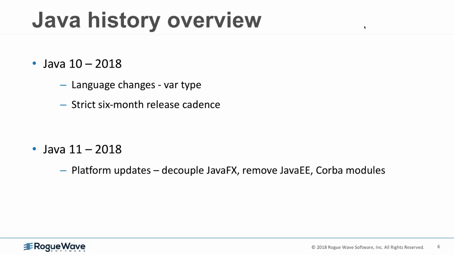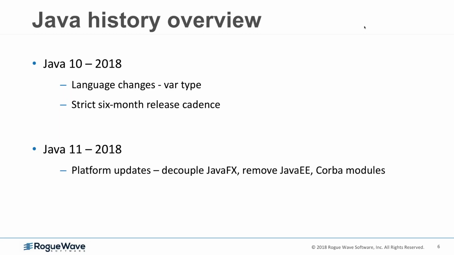With Java 10, not just the changes to the platform and language, but the biggest change is definitely how the cadence of the releases is affected. Java 10 packs about, I think, 12 Java enhancement proposals.